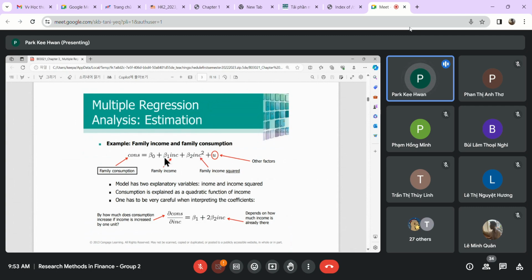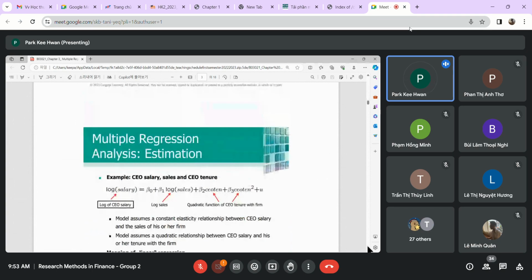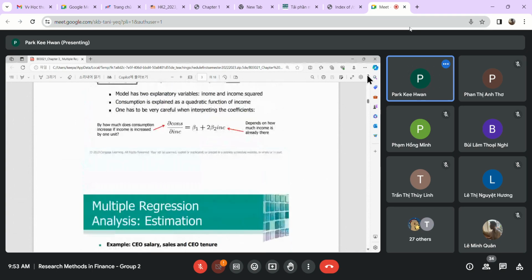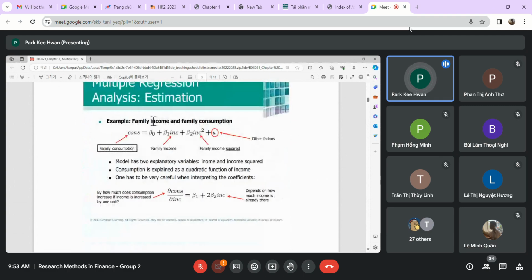So when you have this quadratic function in your model, what is the benefit?